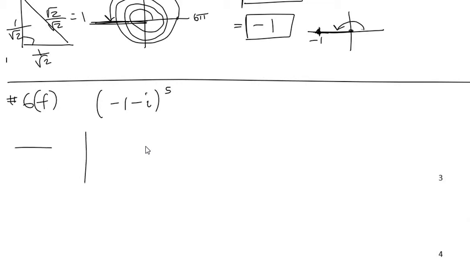So let's plot it. Let's see, we're going to go -1 off to the left and -1 down, because this number, -1 minus i, corresponds to the Cartesian ordered pair, right? -1, -1.